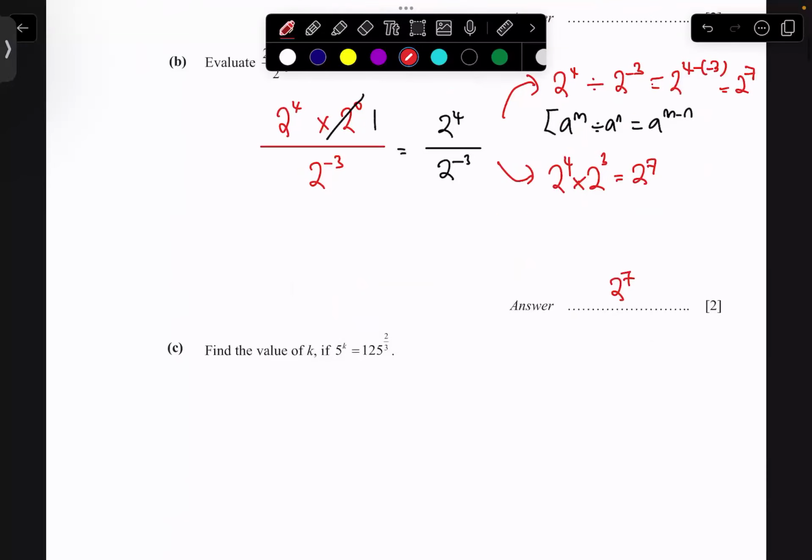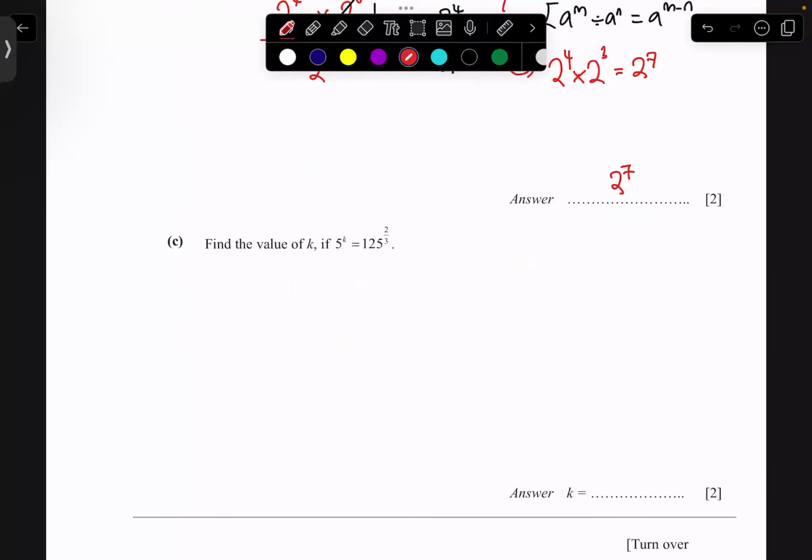C, find the value of k if 5 to the power of k equals 125 to the power of 2/3. For this kind of indices question, you want to make the base the same, in terms of 5. So 125 is 5 to the power of 3, to the power of 2/3. That means it equals 5 squared. So if 5 to the power k equals 5 squared, then k equals 2.